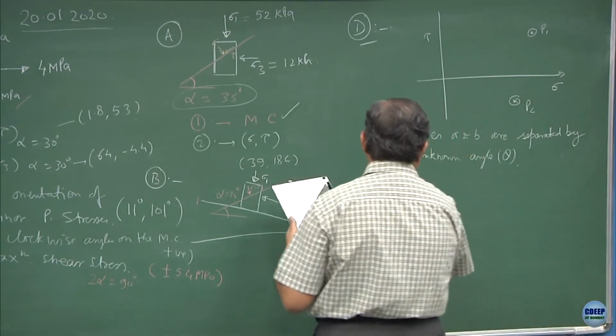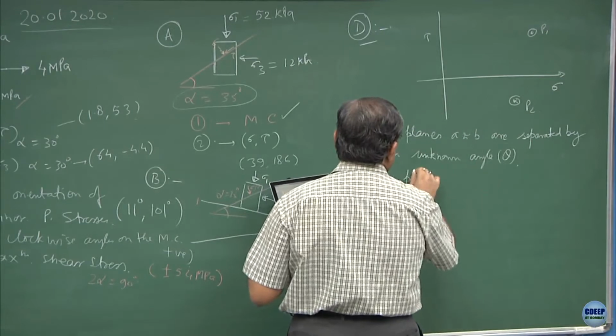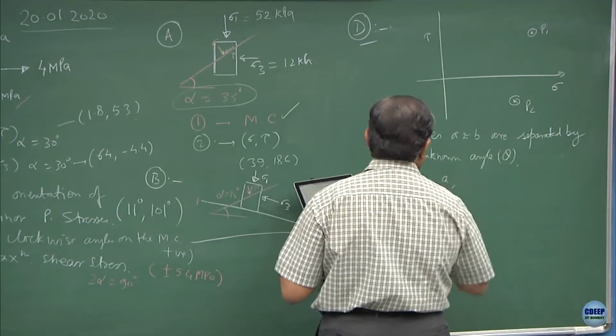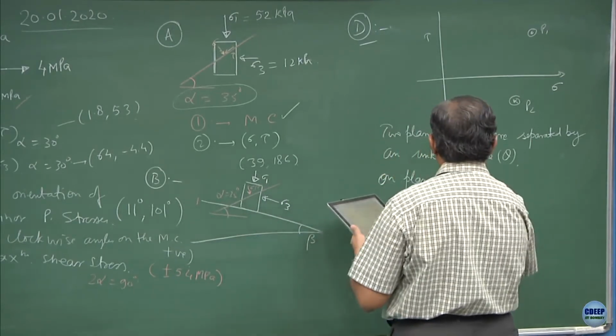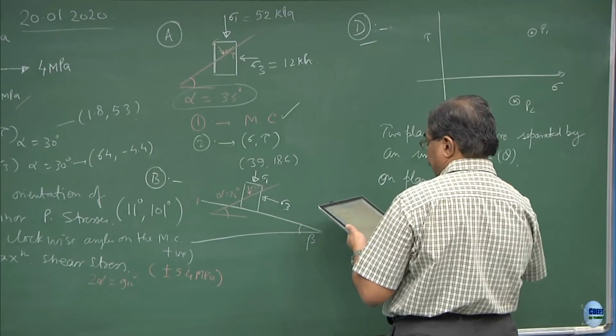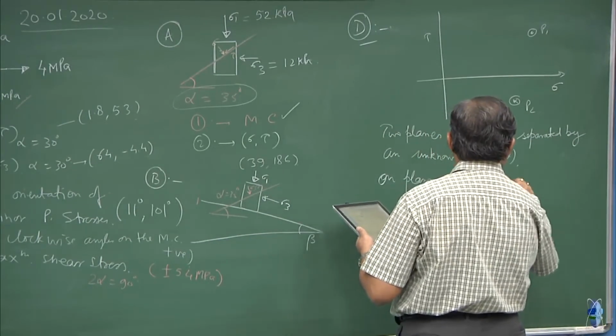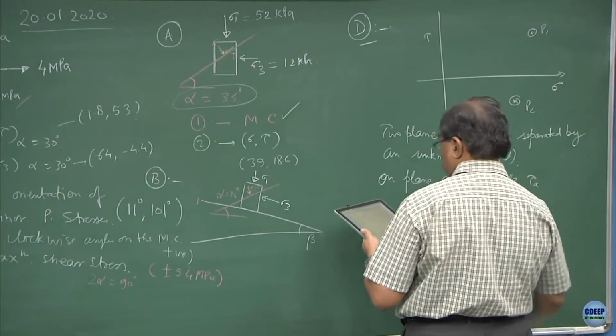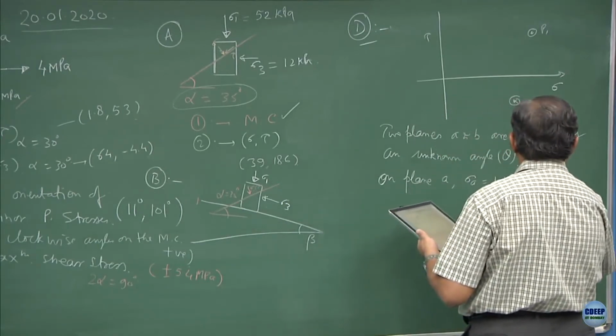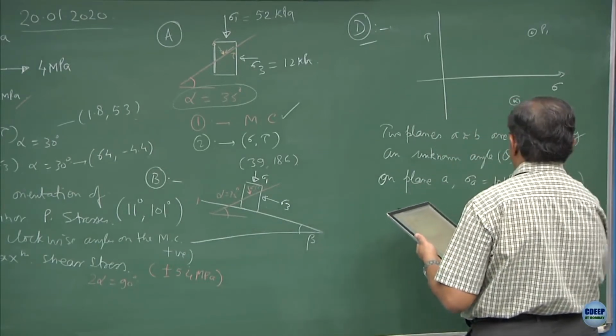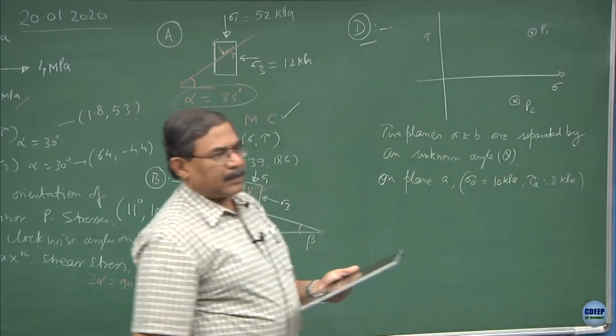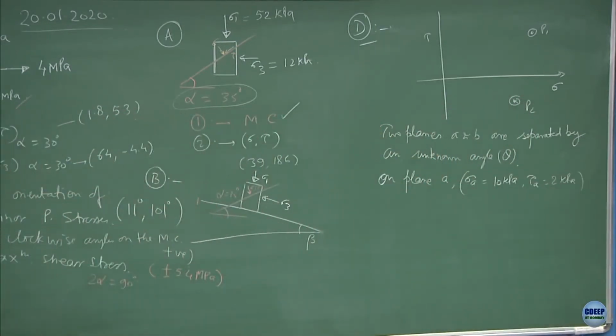On plane A, the state of stress is sigma A equal to 10 kPa, and this is 2 kPa. kPa is kilopascal, fine. 100 kilopascal is 1 kg per centimeter square.